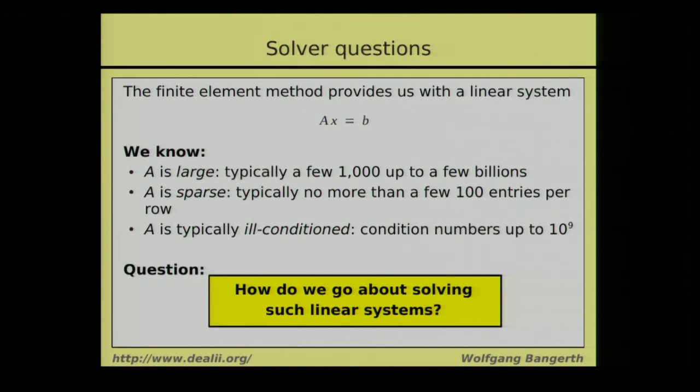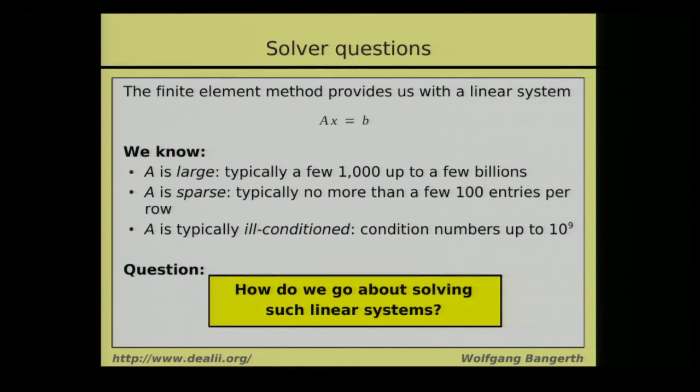So typically you come out with a linear system that has maybe a few thousand to up to a few billion unknowns. So some of these systems become very, very large. If you solve, let's say, on a 1,000 by 1,000 by 1,000 three-dimensional mesh, you already have a billion nodes, and that might mean a billion or more unknowns. Okay? So these matrices are very large.